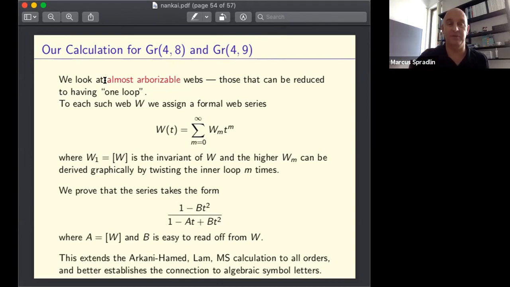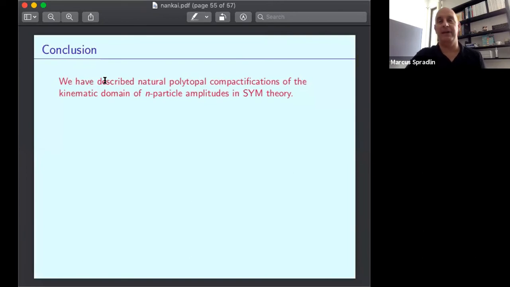They have more than one loop, and we don't yet know what to do with those. Those could be a sign that you're going to get symbol letters that have higher order denominators, maybe cubic denominators. We just don't know. But anyway, I've reached the end of my scheduled time, so that's good.